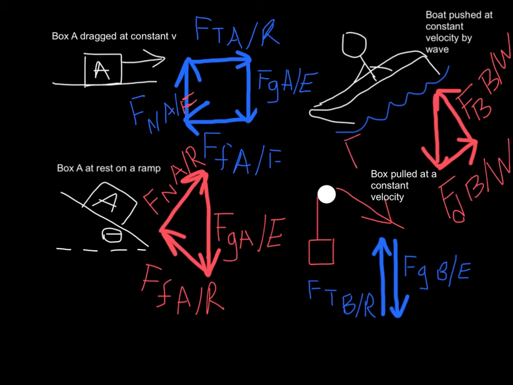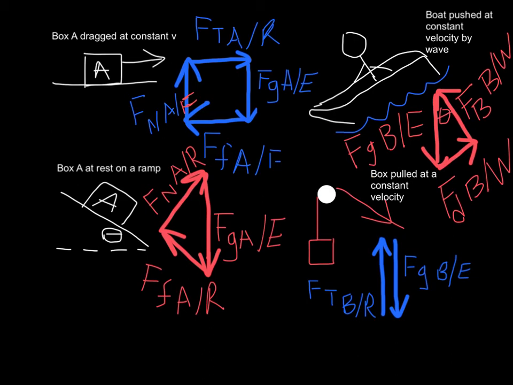And here's the force gravitational on the boat from the earth. So we have those 3. Constant velocity, closed figure. And if you were interested, here's the angle of elevation of the wave.